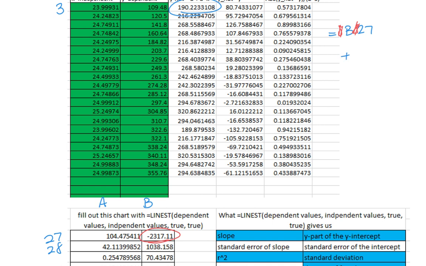I'm going to grab the cell that has my slope, which is this one. So let's assume this is A27. And once again, I'm going to make sure I put a dollar symbol before and after. And what that does is make sure when I pull this thing all the way down, it's going to stick with only these two cells. And then, because you're going to ask me why isn't this working, make sure you put a multiplication symbol there.